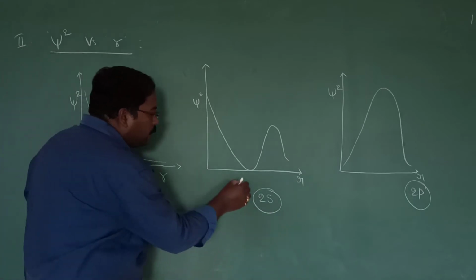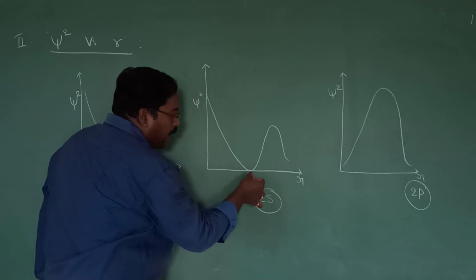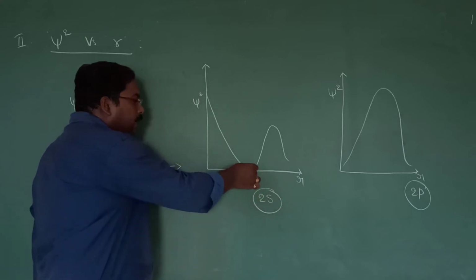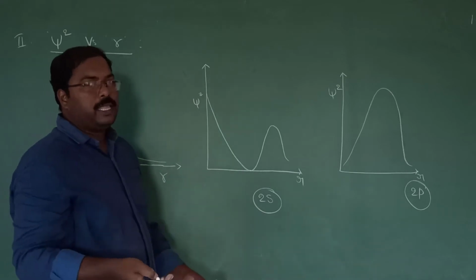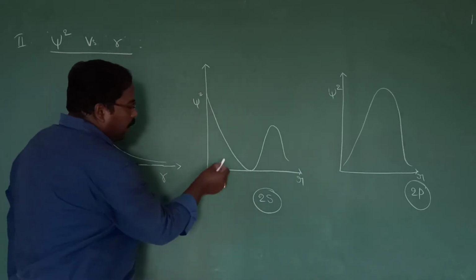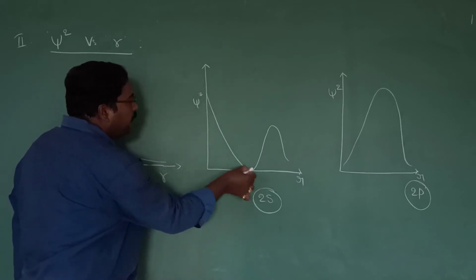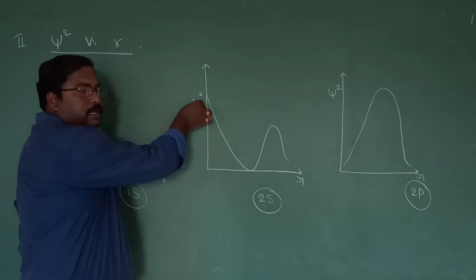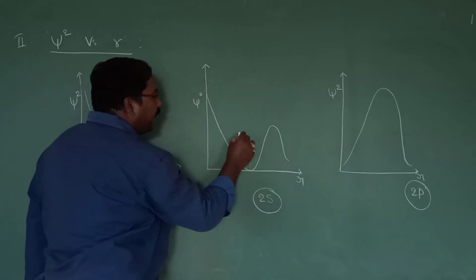Because as I already told you, when the graph is touching the r, x-axis, the corresponding y coordinate is 0. I think in mathematics coordinate geometry, all of you know this. Right? When this line touches the x-axis, the y coordinate is 0. So here, there is no probability of finding the electron.